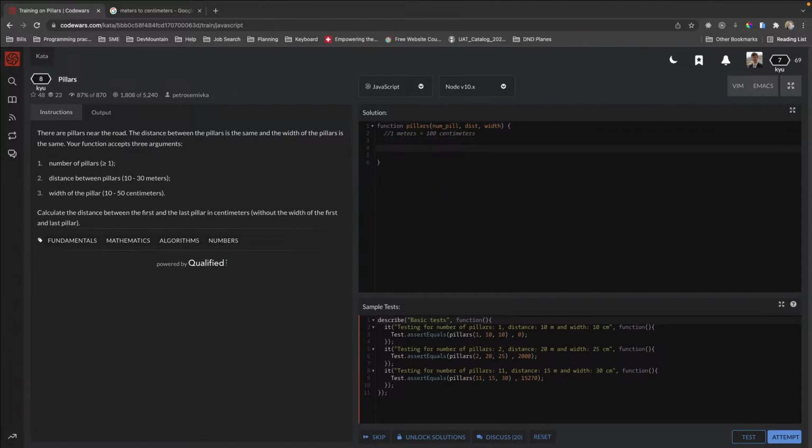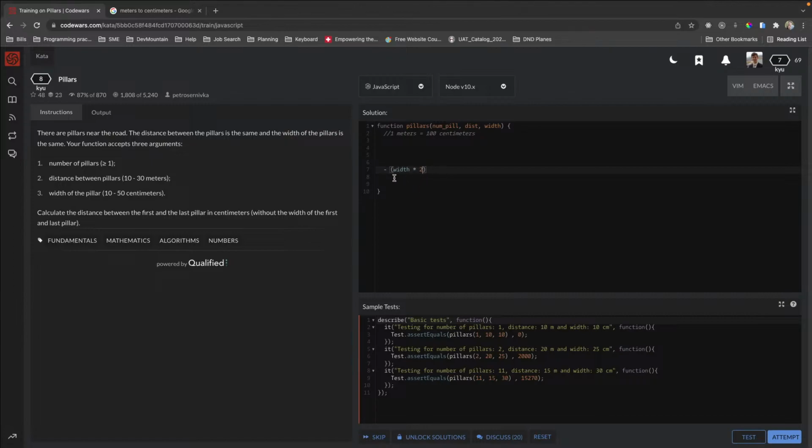So we need to subtract 20, so first 20 centimeters is subtracted, right, from the total. Well, it's not necessarily, because the pillar width could change, right? So minus width times 2.